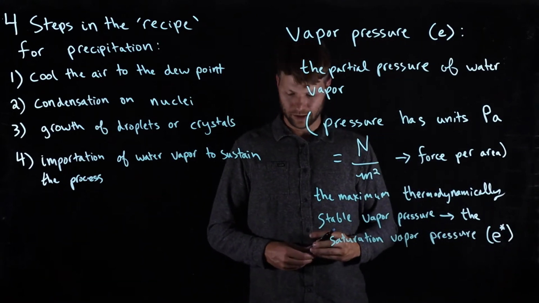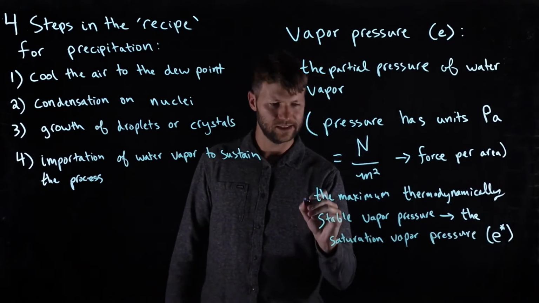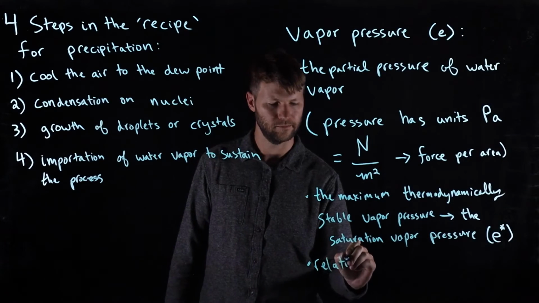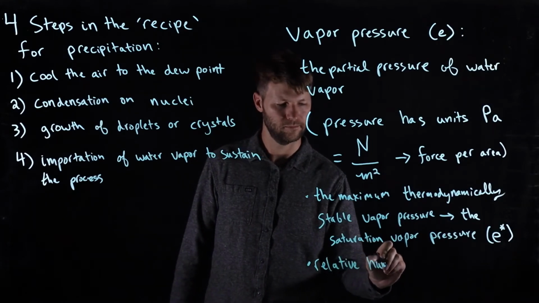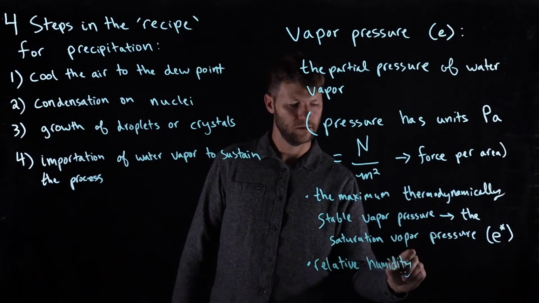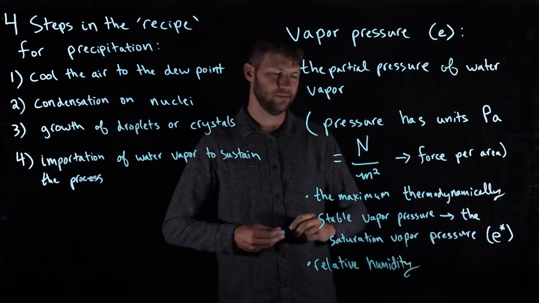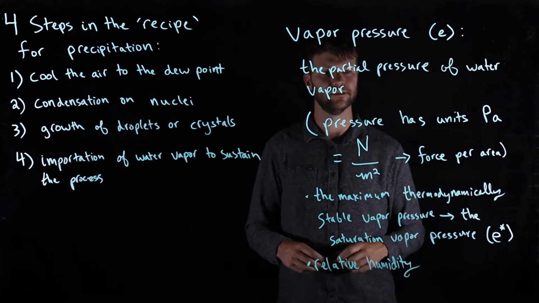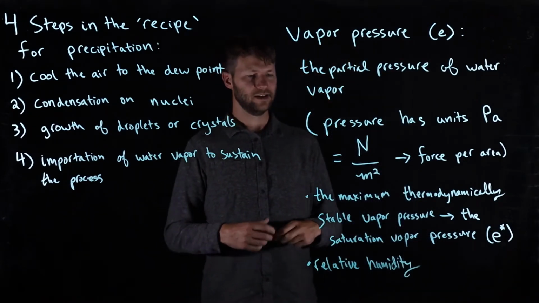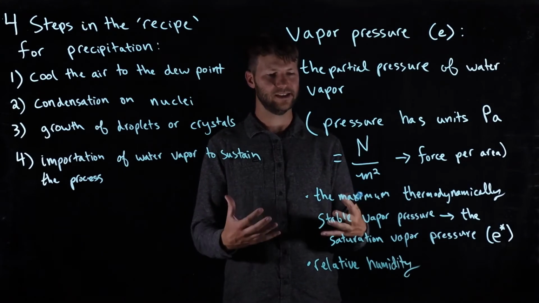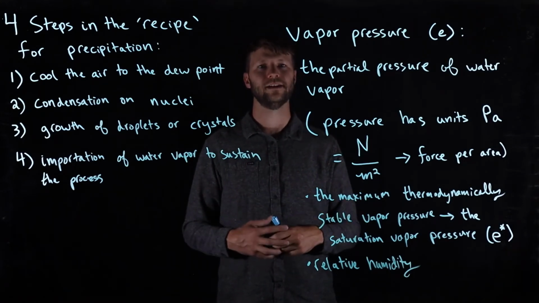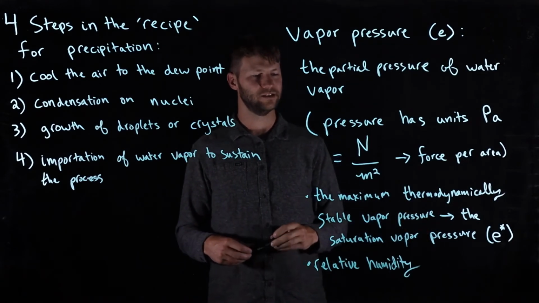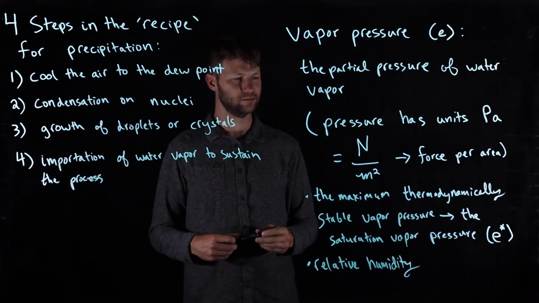One other common term that you're probably familiar with is the concept of relative humidity. Absolute humidity describes the mass of water per volume, but we commonly talk about relative humidity, and the relative humidity means how much water is there in a particular parcel of air relative to how much water there would need to be to get to the saturation vapor pressure at that particular temperature.